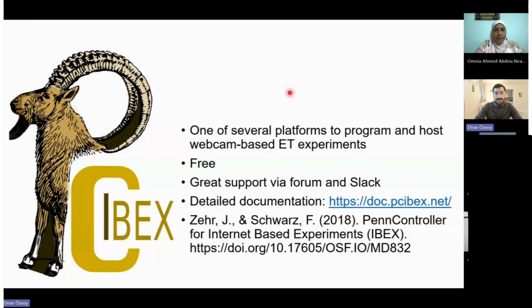It's completely free because it's maintained by the University of Pennsylvania and the linguistics team there. It has a great support group. The people who are maintaining it, but also users, are actively asking questions in the forum and answering questions. There's detailed documentation and examples and templates for experiments and video instructions. So it's really easy to start with it, I would say.